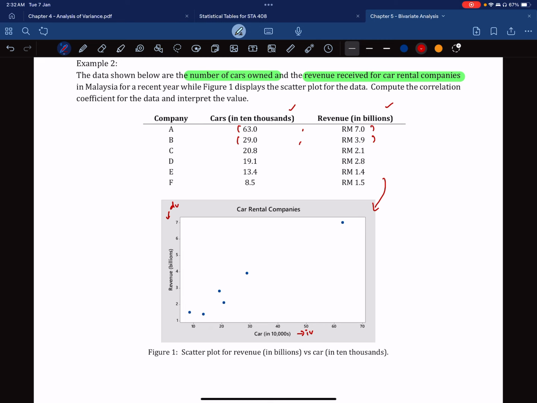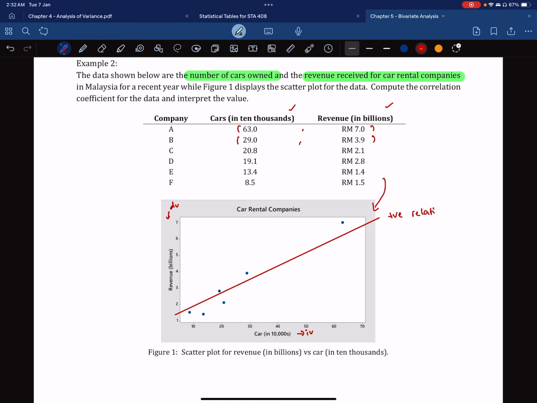When we take a look at this scatter plot, this is just my estimated line. It has some sort of linear relationship, and it seems to have a positive relationship.